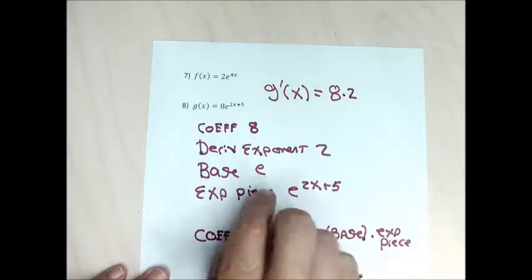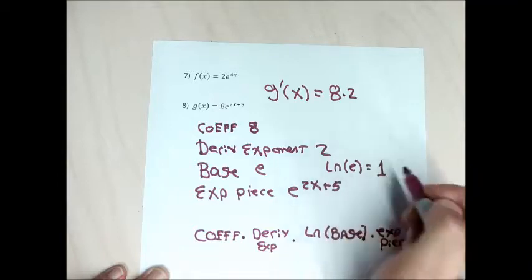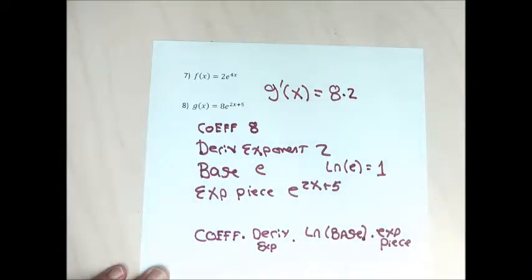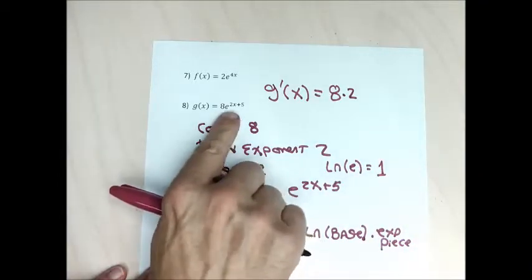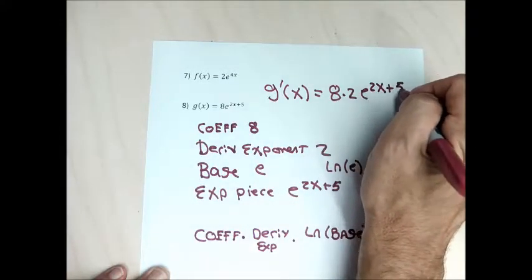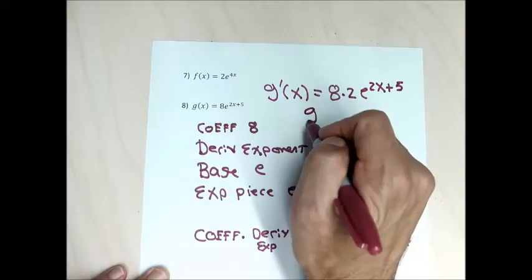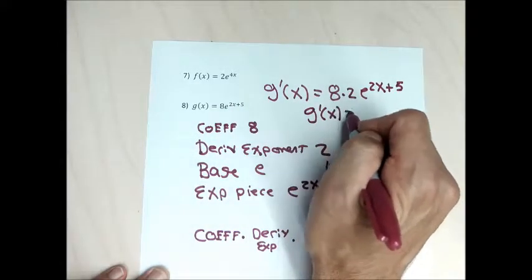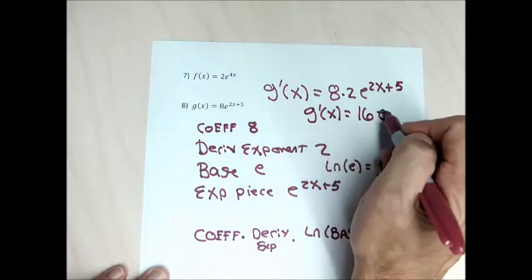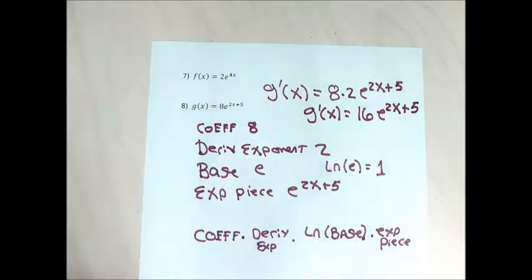I'm not going to write times the natural log of the base because the natural log of the base is equal to 1, so I'm going to skip that part because it's an e function, and then times the exponential piece of e to the 2x plus 5. I didn't put this 2 in parentheses because it wasn't a binomial. I'm going to multiply the 8 and the 2. So it's important that the exponent doesn't change. So your 7 should work the same way.